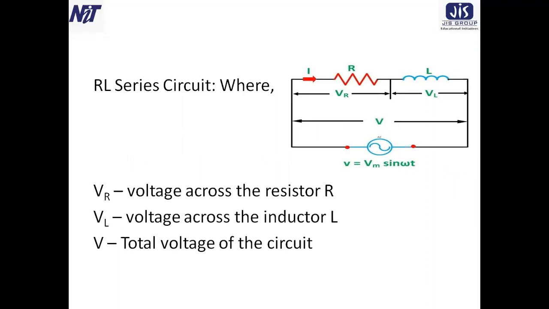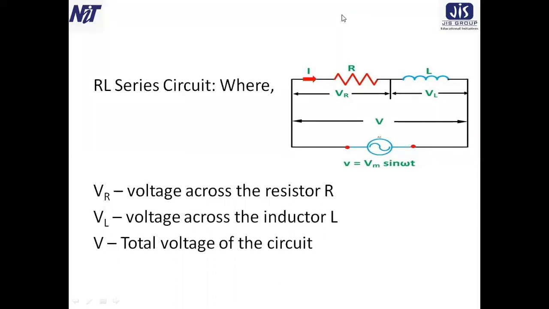In case of the RL circuit, there is a voltage V equals Vm sin omega t. This is the supply voltage. The total voltage of the circuit is V, and there are a few things we need to remember: the current flowing here is I. This is the symbol of the resistance and this is the symbol of the inductance.